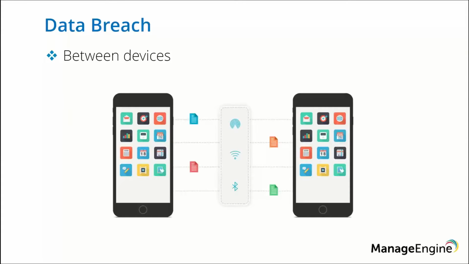So from the scenarios, we do understand that the personal data and the business data are going to be on the same devices in such scenarios, right? So in such situations, we do have the possibilities of data breaching. So the first possibility is the data can be shared between different devices using connectivity options like AirDrop or Android Beam or Bluetooth.